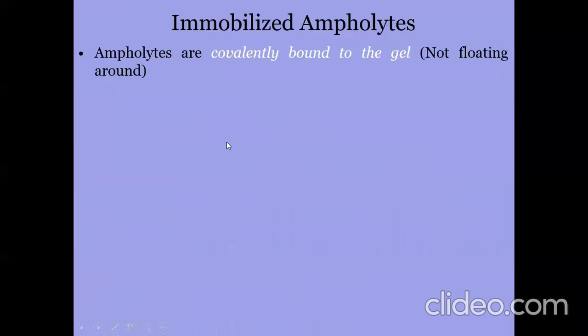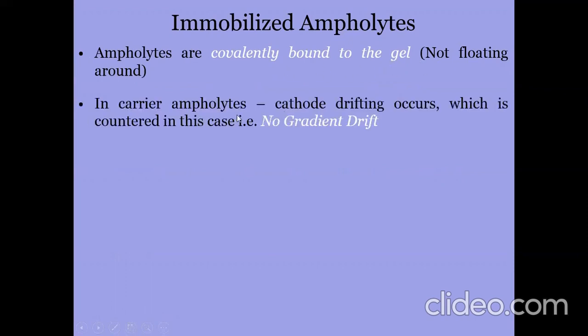And immobilized ampholytes, on the other hand, they are covalently bound to the gel. They are not floating around. They will not float. They are bound to the gel. And in carrier ampholytes, cathode drifting occurs, which is countered in this case.